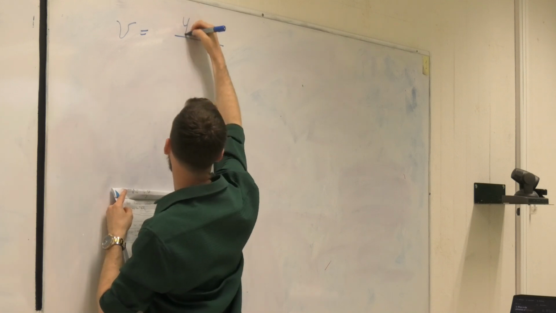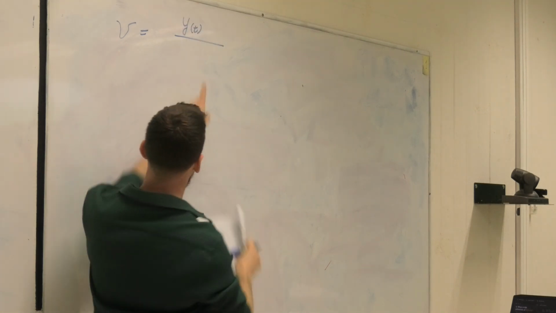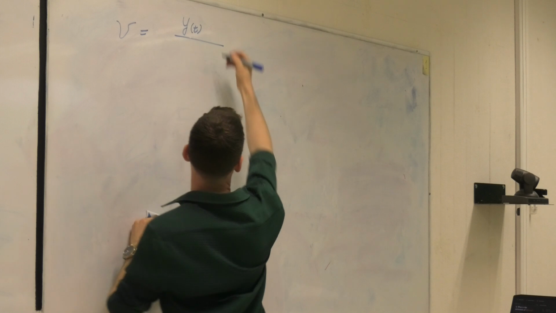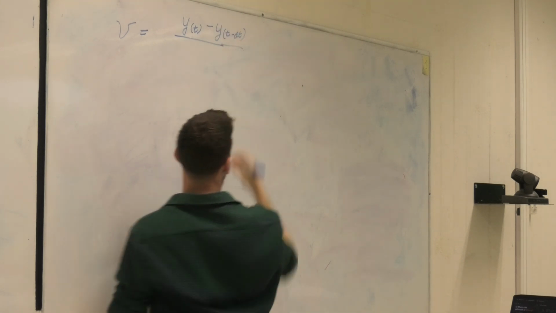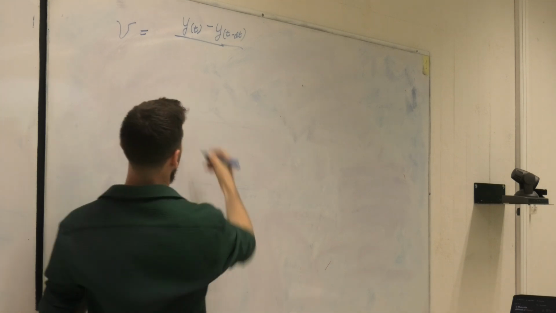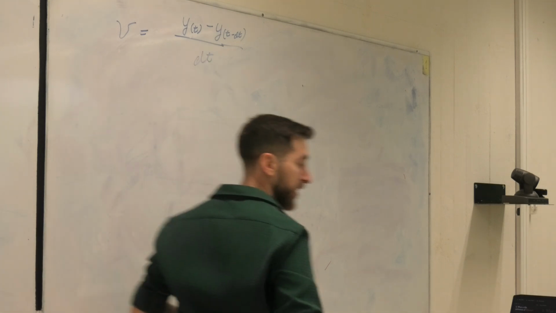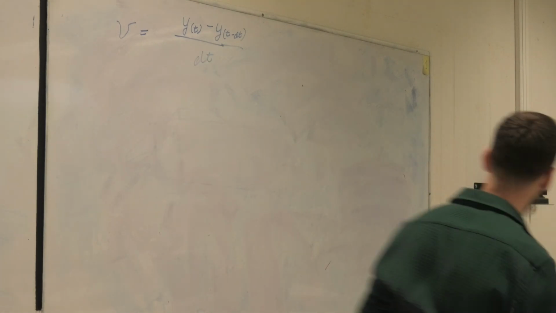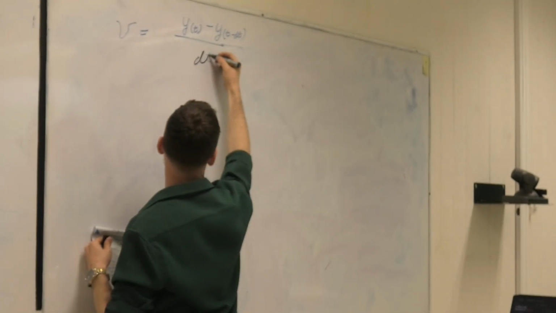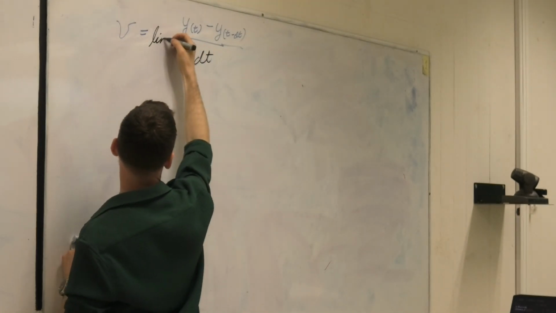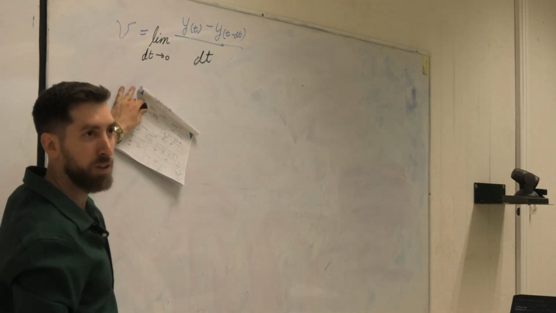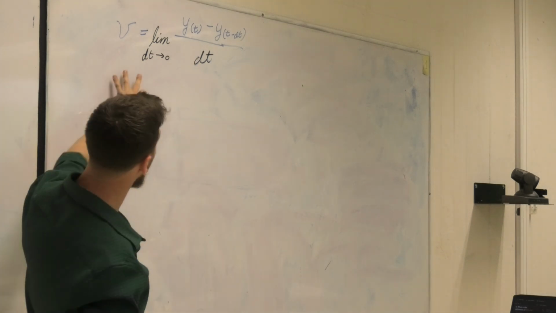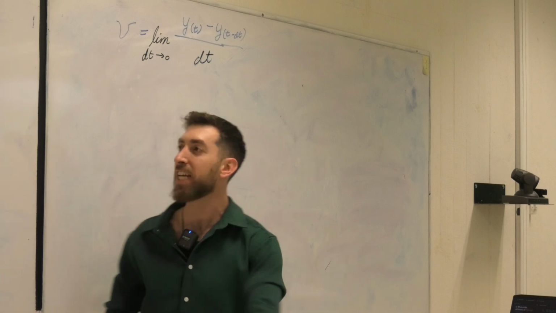So it's what happened. Where are you right now, minus where you were dt ago, divided by dt, and let's not forget the dt is what? Is it really big or really small? Very, very small. So what I want to do is to present this idea inside my equation.